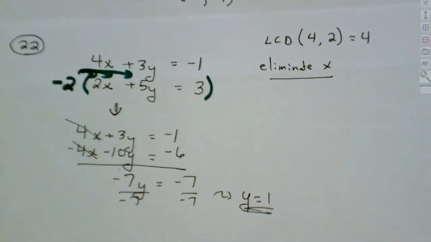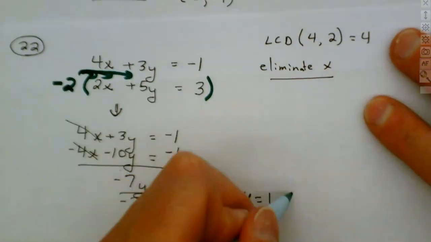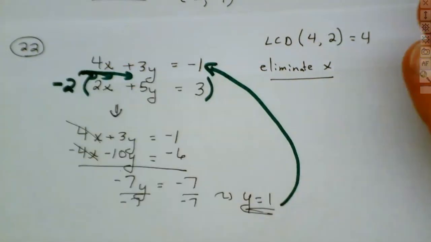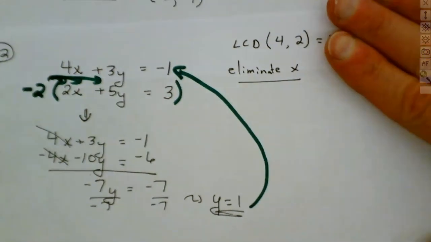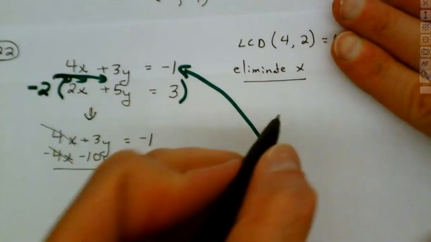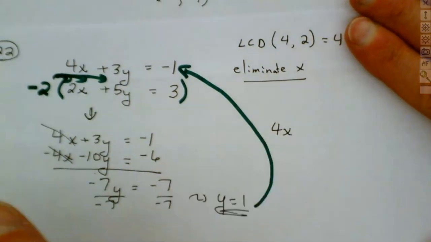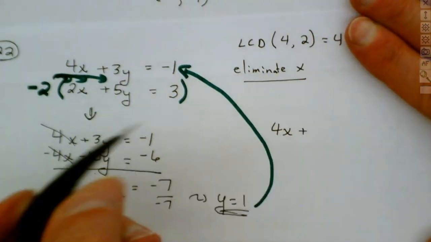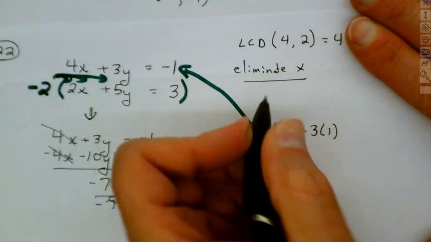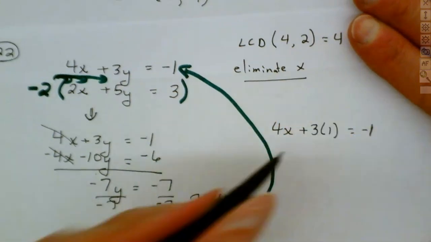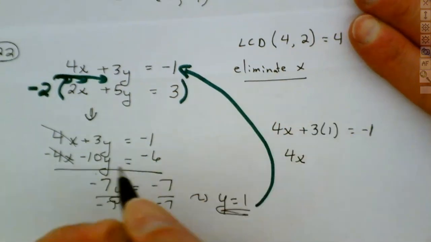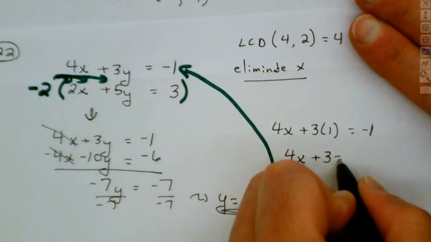How do we finish it? We take what we found here, plug it back in. Does it matter where it goes? No. I'm just going to plug it in the first equation. Plugging that in, you get 4x plus 3 times 1 equals a minus 1. So that's 4x plus 3 equals minus 1.